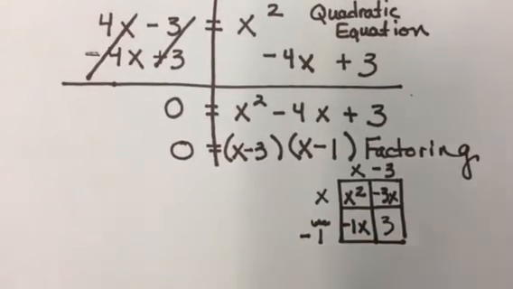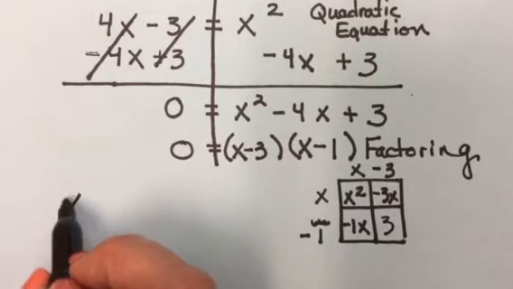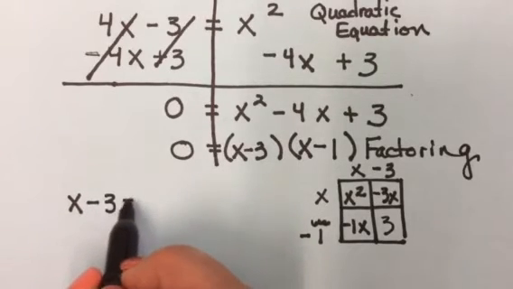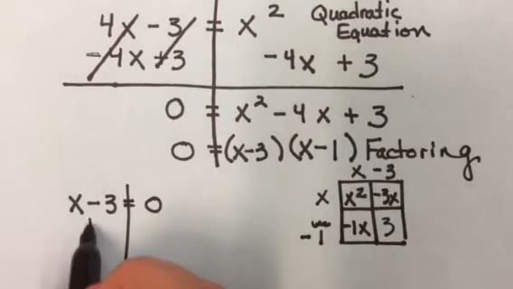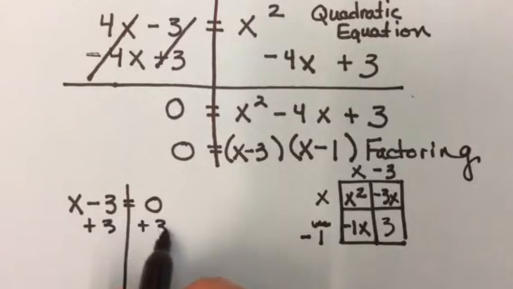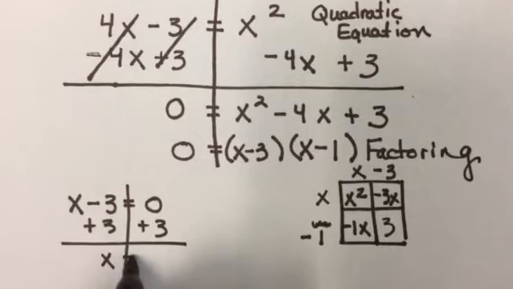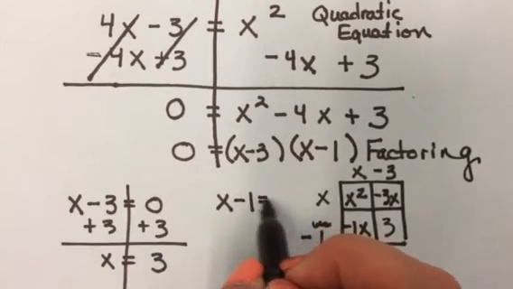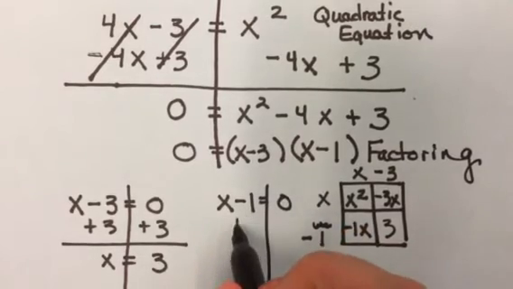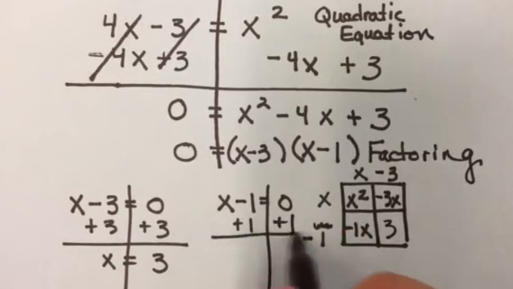Now that we have it to this point, we're going to take each one of our linear factors and set them equal to 0 and solve. So x minus 3 equals 0, when we add 3 to both sides gives us one of our solutions as x equals 3. And then we'll take the other one, x minus 1, and set it equal to 0. Then we'll add 1 to both sides, and the other solution will be x equals 1.